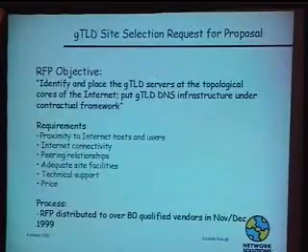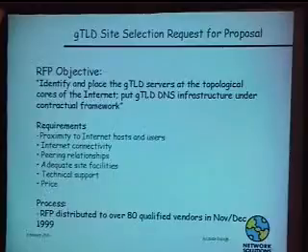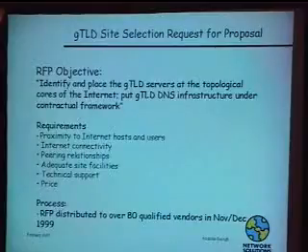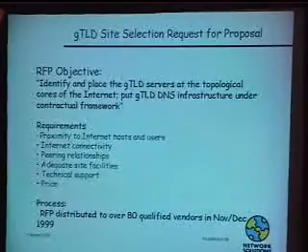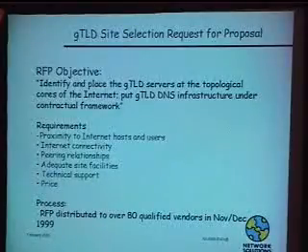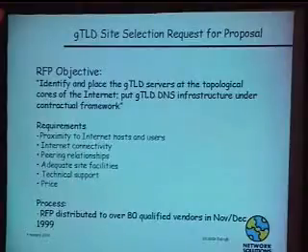We also wanted to bring some service level agreements to support the whole infrastructure. I mean, it's a critical infrastructure. We want to make sure that we have in place the right type of service levels to continue to support this. We looked at a bunch of different criteria in terms of evaluating the responses we got, including proximity, internet connectivity, peering relationships, the various facilities, and technical support, and also price.